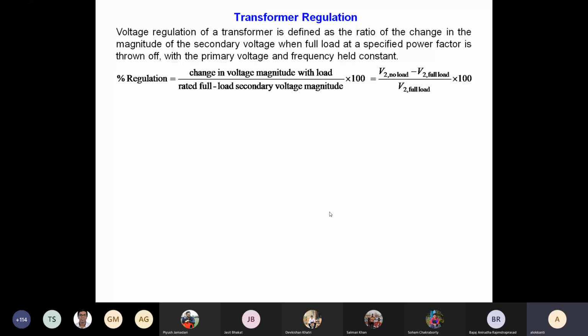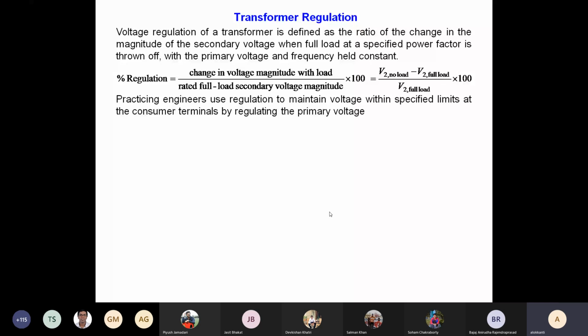So how will it happen? There are a lot of practicing engineers who run the power grid throughout the country. Without the services of these engineers, we don't get uninterrupted power. As soon as there is a power interruption, we lodge a complaint. We call up a call center number, and the engineers rush there to restore the services.